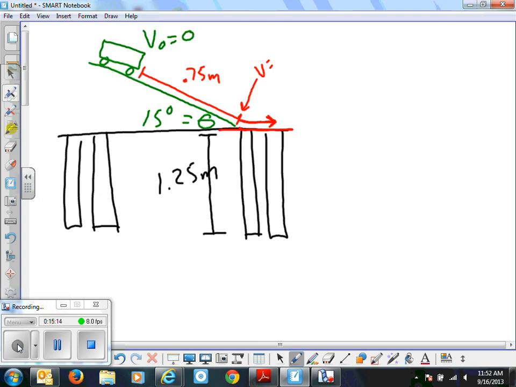The table doesn't do anything to it. Okay, my question to you is, how far away in the x direction will that cart land? So come with that for sure. This has to be for sure done tomorrow, and then work on worksheet 4, see if there are any questions you have on that. Have a good day.